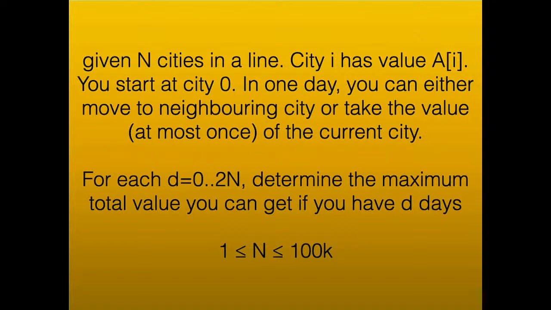This is a line, not a circle. Or in one day you can take the value of the city that you are currently in. In any city, you can only take the value at most once. You cannot spend several days taking the value of that city multiple times.